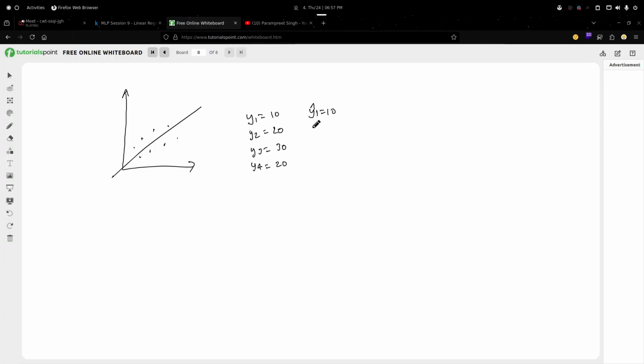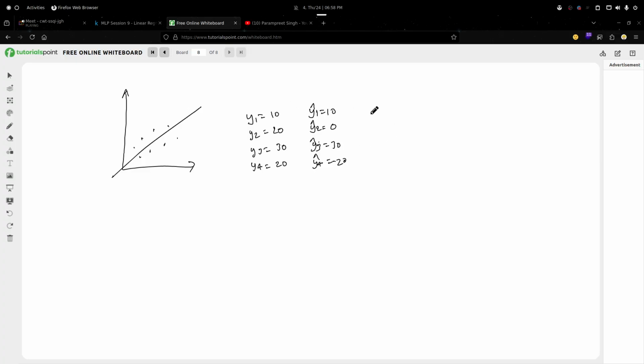For y1 we get y hat 1 the same, which is 10, and for y2 we get y hat 2, let's suppose, as 0. This is just an example, don't consider it real. For y3 we get something similar, and for y4 let's say minus 20.